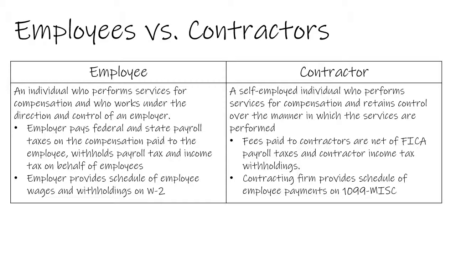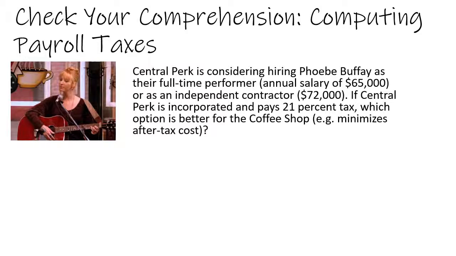Any fees paid by an employer to a contractor are net of the FICA payroll taxes, as well as the contractor's payroll withholdings. The contracting firm, or the employer in this case, provides a schedule of the payments to the contract firm on a 1099 form. In Chapter 10, we considered the tax effect of being paid as an employee versus being paid as an independent contractor.